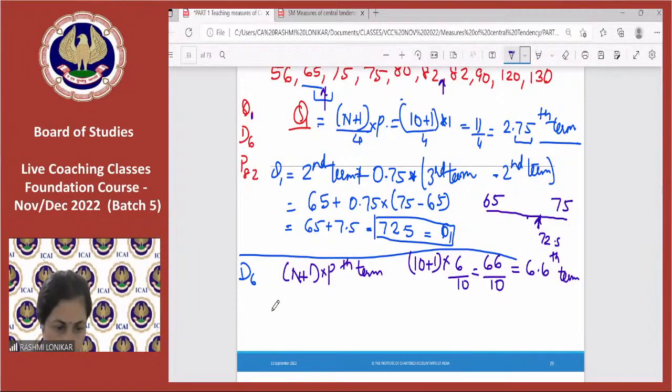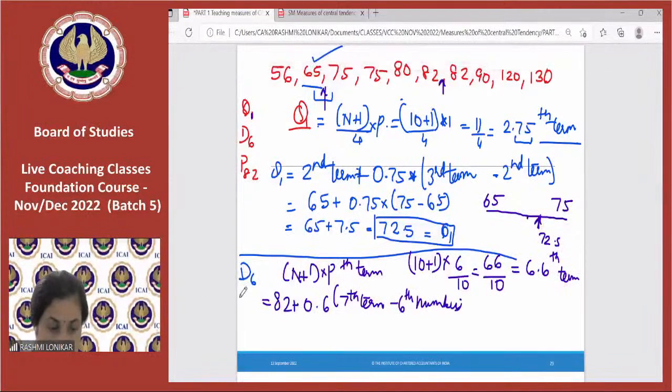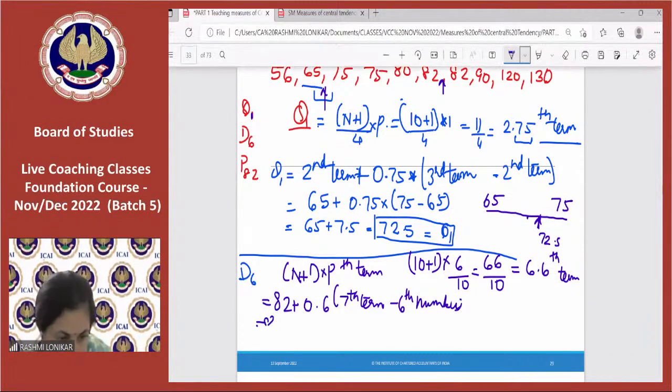So sixth number is 82 plus 0.6 into seventh number minus sixth number, which is equal to 82 plus 0.6. What is the seventh term? 1, 2, 3, 4, 5, 6, 7.